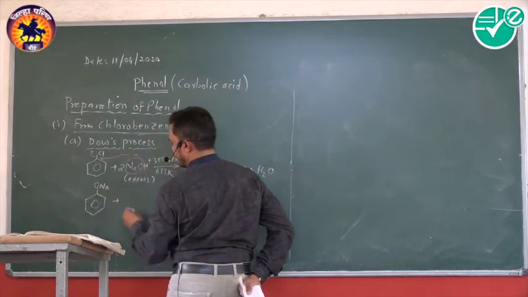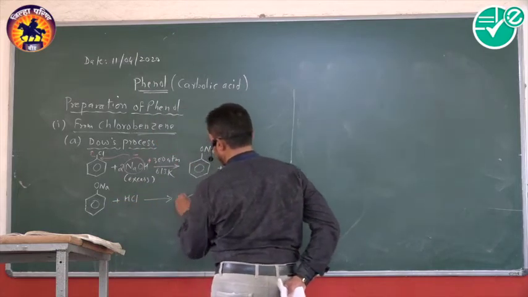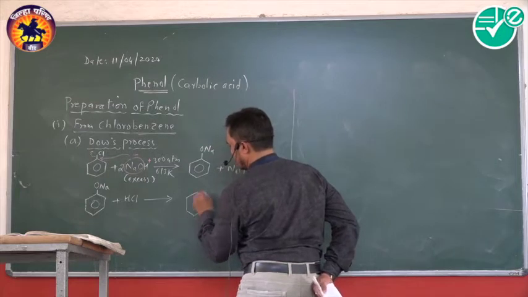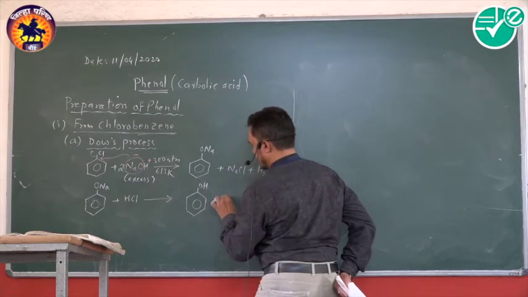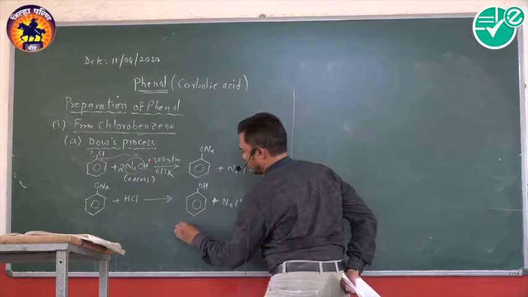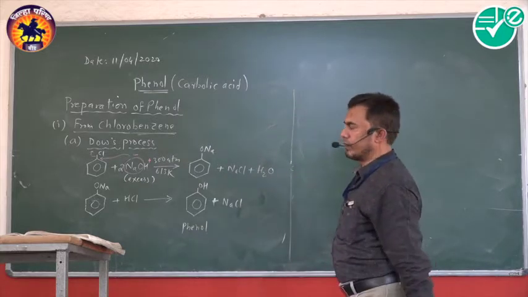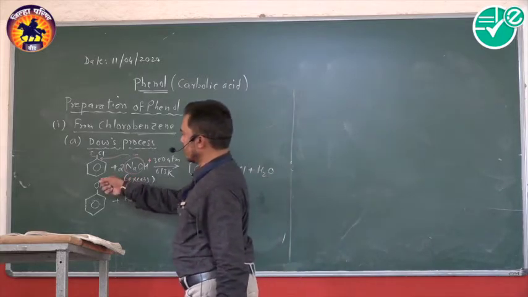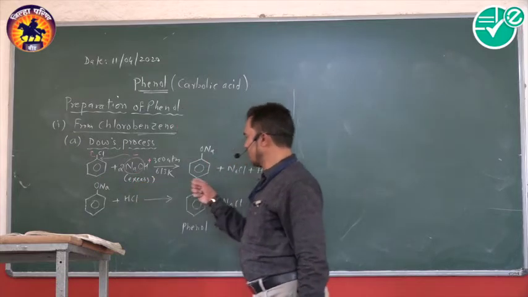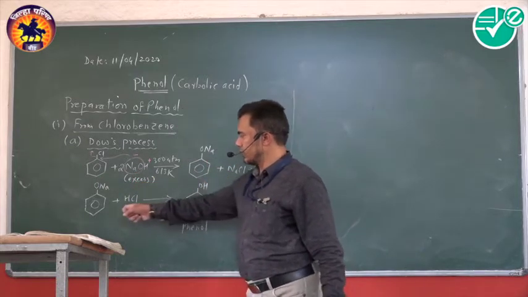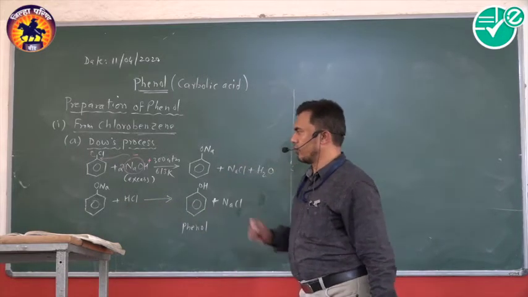The sodium phenoxide treated with hydrochloric acid is going to form phenol plus NaCl. So in the Dow process, chlorobenzene reacts with an excess amount of sodium hydroxide, alkali, to form phenoxide, and phenoxide on hydrolysis, if it is simple hydrolysis, also forms phenol.